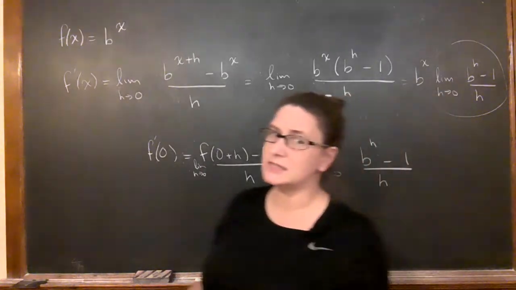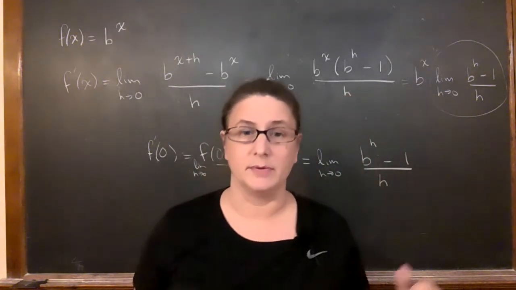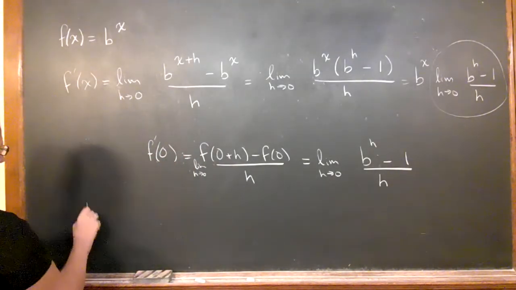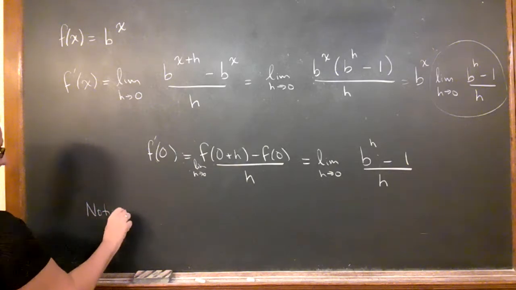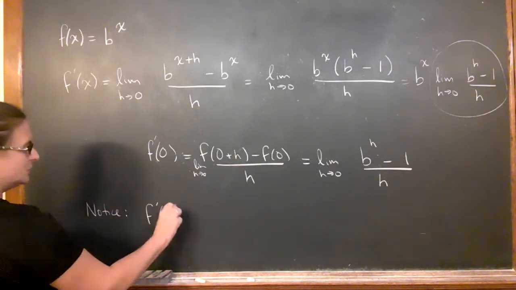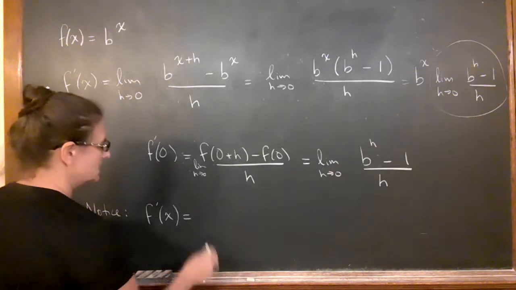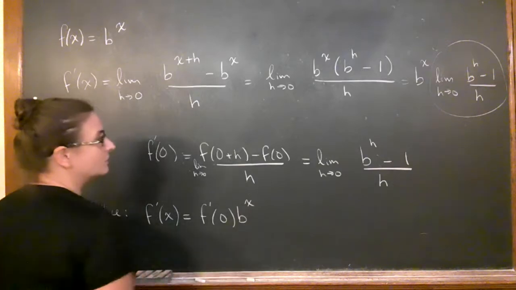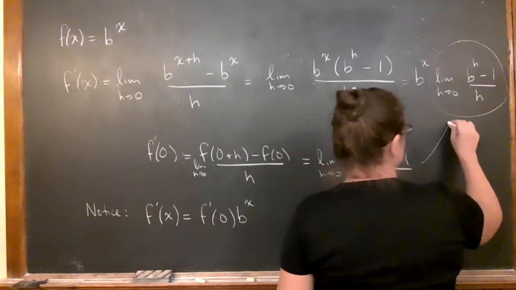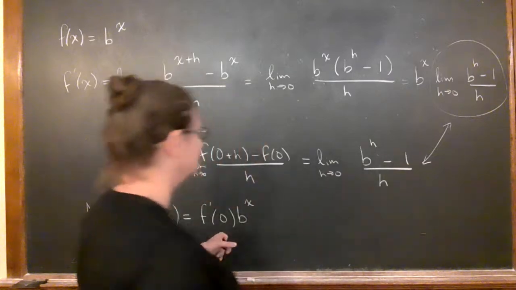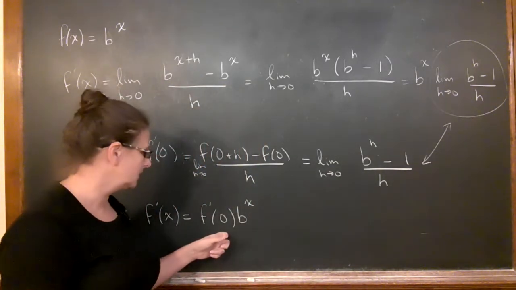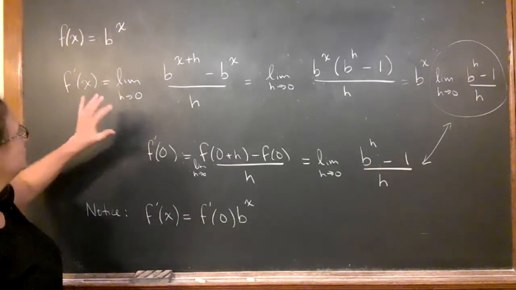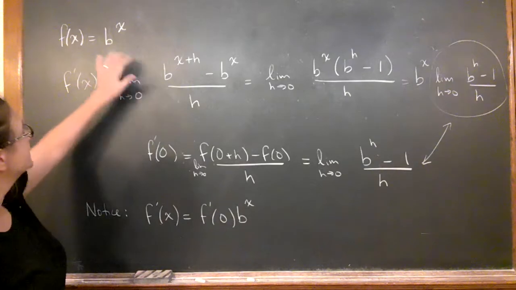So without explicitly calculating that limit, we'll notice that the derivative is f prime of 0 times the function itself, right? Because this is just this guy. This is a number, okay? So, in other words, for an exponential, the derivative is proportional to the function itself.